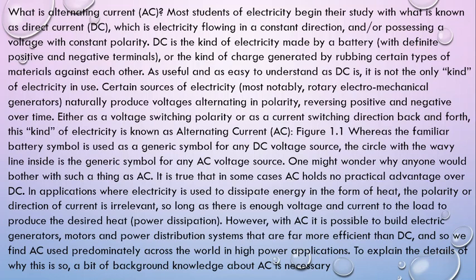Figure 1.1: whereas the familiar battery symbol is used as a generic symbol for any DC voltage source, this circle with a wavy line inside is a generic symbol for any AC voltage source. One might wonder why anyone would bother with such a thing as AC.